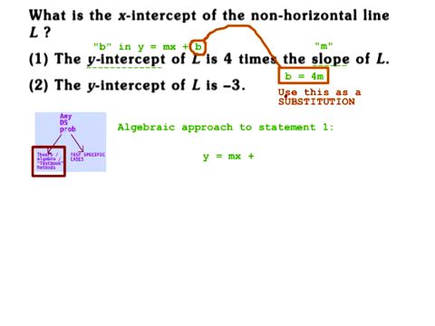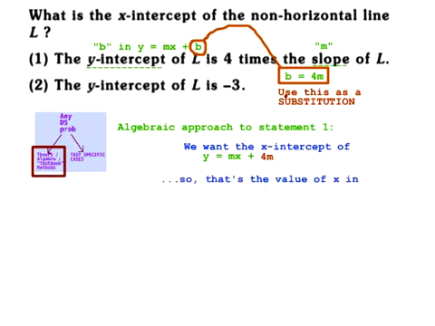But then remember, we want to find the x-intercept of that. So that means we want to find the point. So we want the x-intercept of that. So that's the value of x in that equation when y is 0.